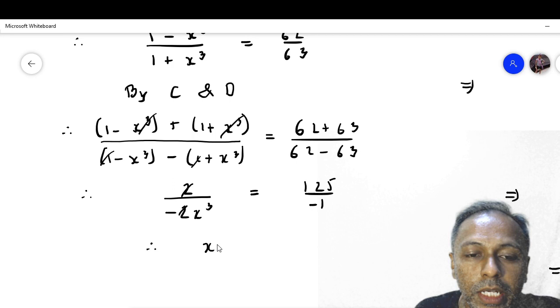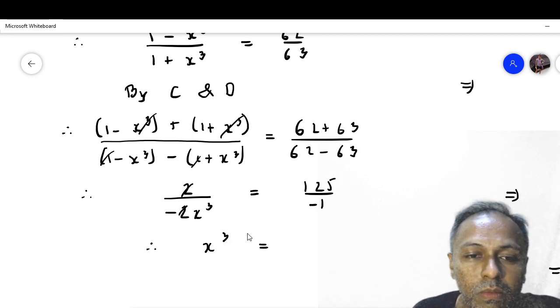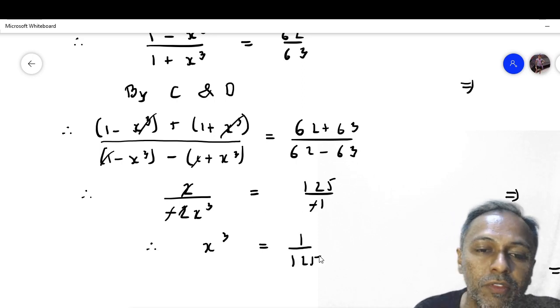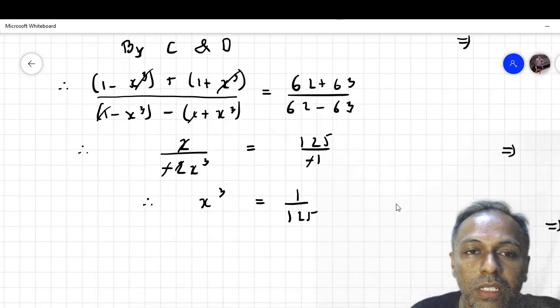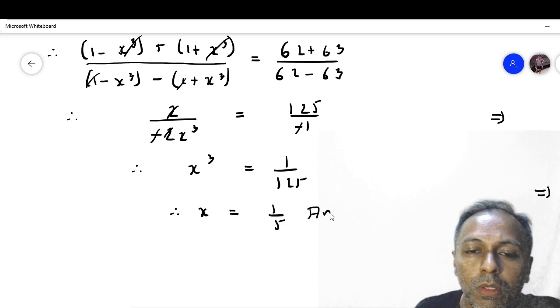We get therefore x cube is equal to, minus also will get cancelled out, x cube is equal to 1 upon 125. By taking cube root you will get x is equal to 1 upon 5.